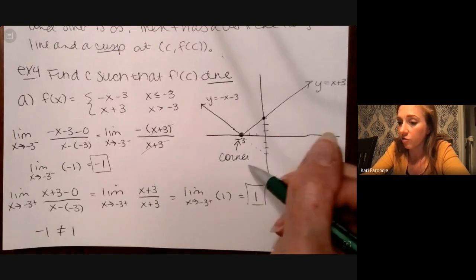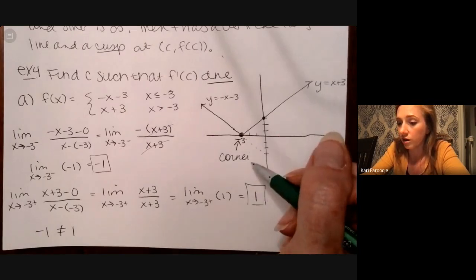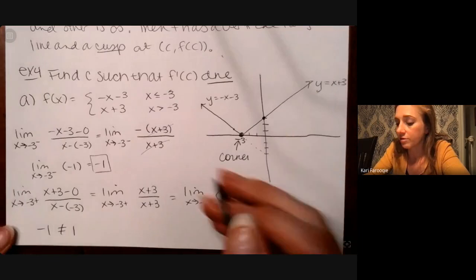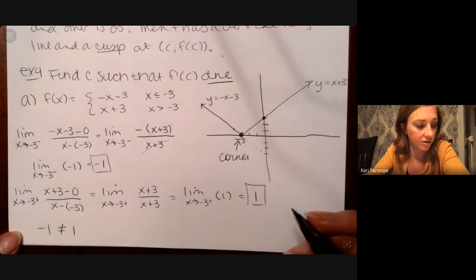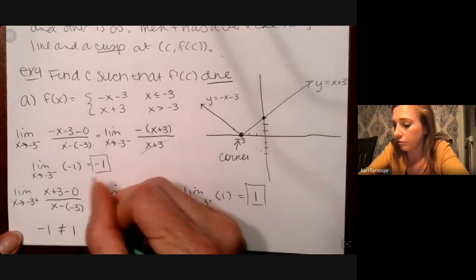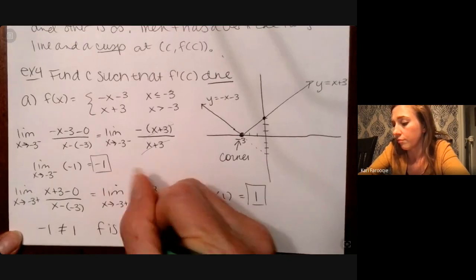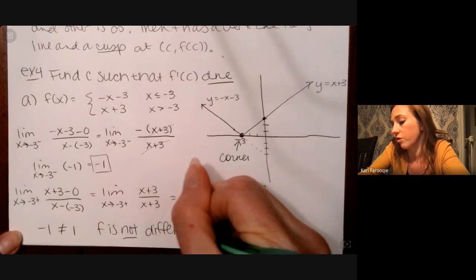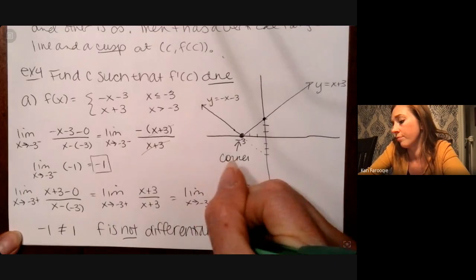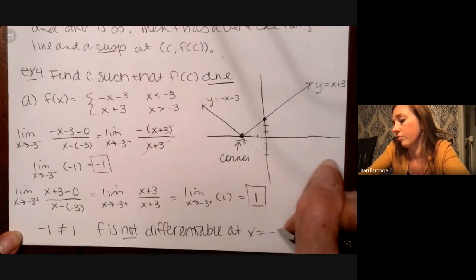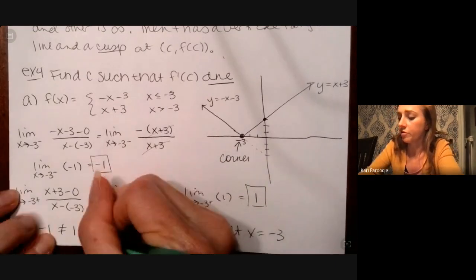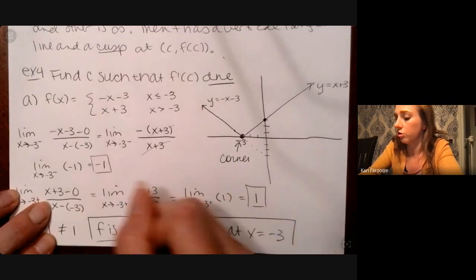So in that case, yes, we have a corner, and we would say that this limit does not exist. Therefore, f is not differentiable at x equals -3. That's our big conclusion here.